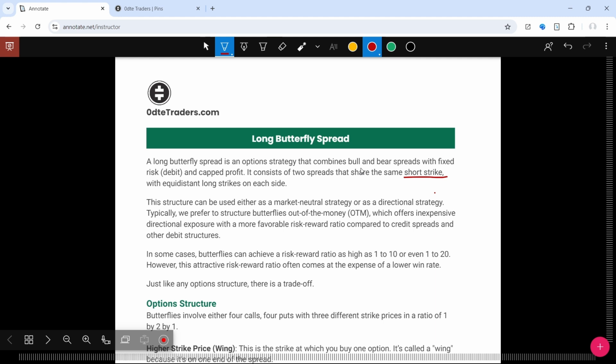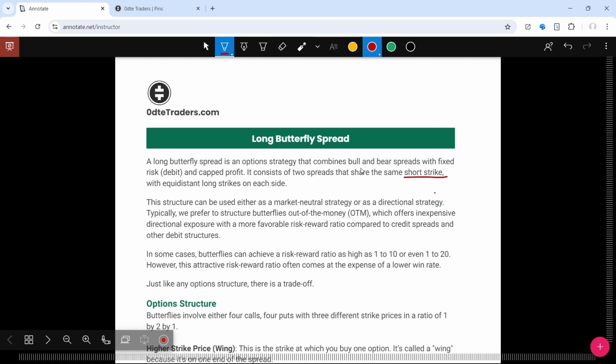symmetrical. Now, this structure can be used as a market neutral strategy, or it can be used as a directional strategy. Now, typically, my preferred approach is to structure these butterflies out of the money, which generally offers inexpensive directional exposure with a much more favorable risk-reward ratio compared to credit spreads and other debit structures.